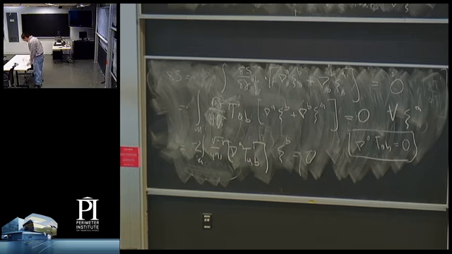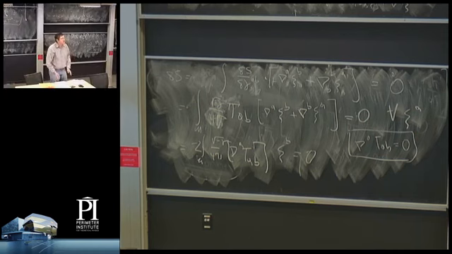Next week, we will derive the stress energy tensor explicitly and show this. After that, we're going to go ahead and derive equations of motion and start quantizing the string and the point particle.